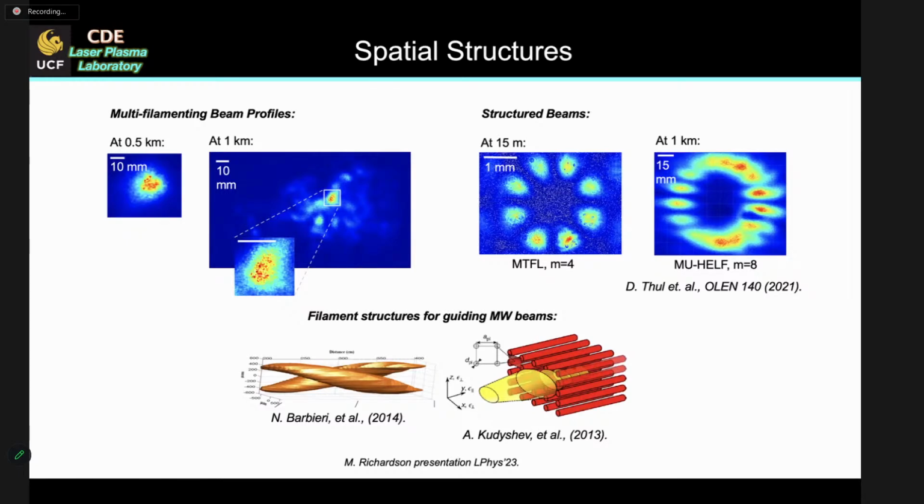We have managed to do that up to energies of close to a joule now, by ensuring that the spatial phase of the pulse that comes out of the compressed laser pulse system is planar.